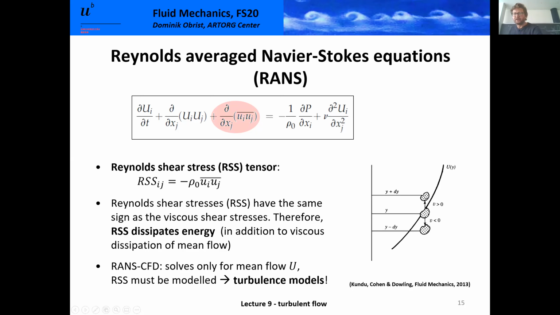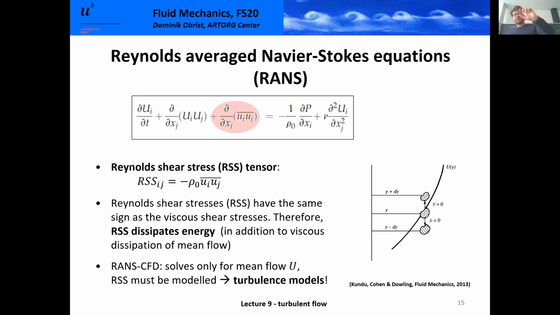If this packet is pushed up from here to this location, you will generate a velocity deficit, so the packet will be slower than the mean flow. So with respect to the mean flow, this will be seen as a negative change in the u velocity. So positive v fluctuation creates a negative u fluctuation.